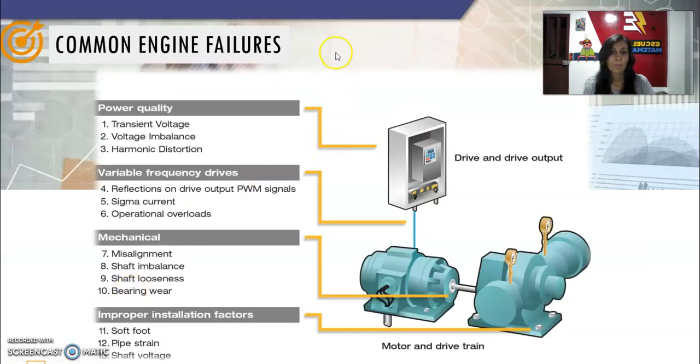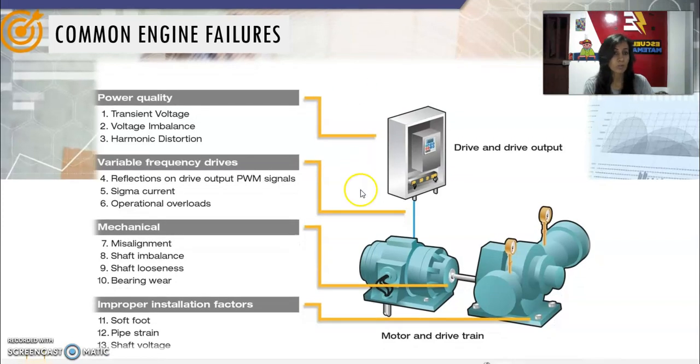But let me tell you that we're also going to discuss later common motor failures. It is important to know that there are some problems that can make your motor fail.